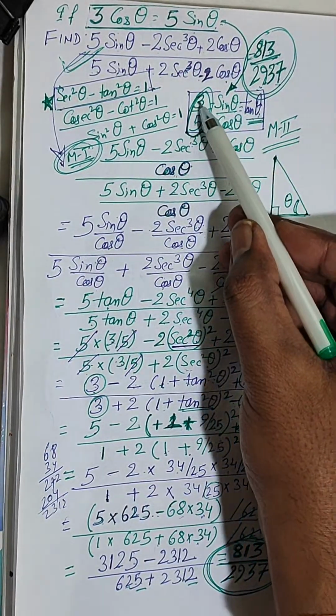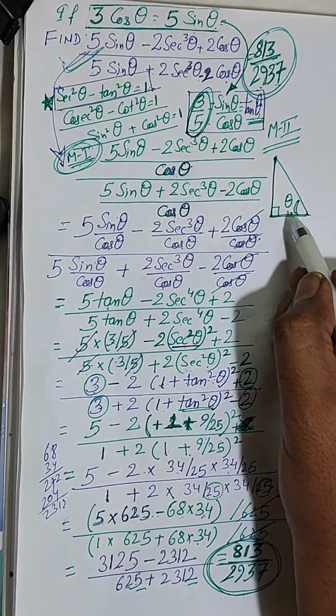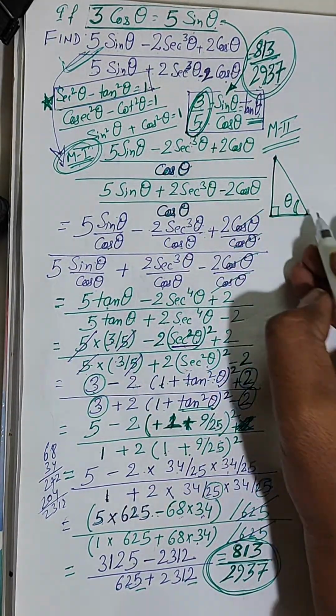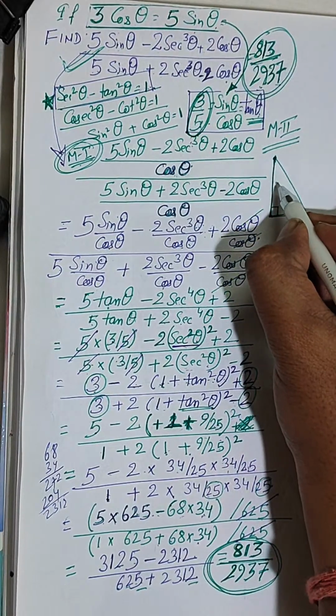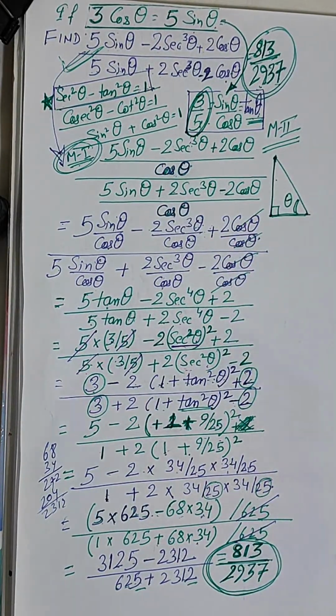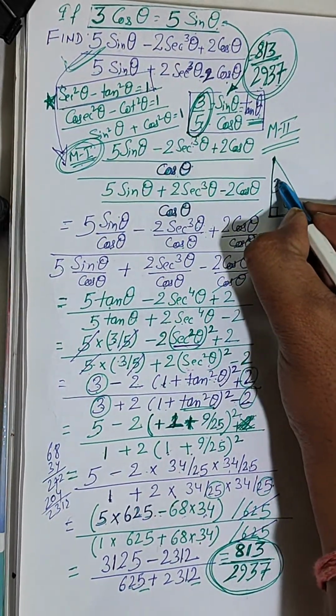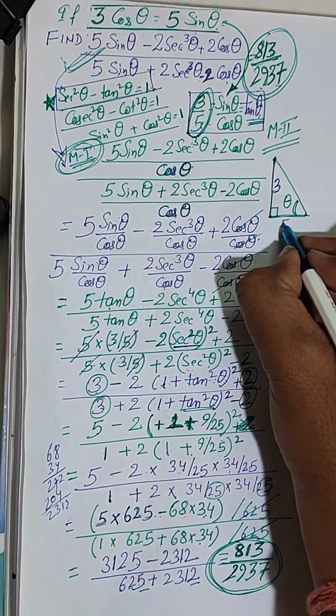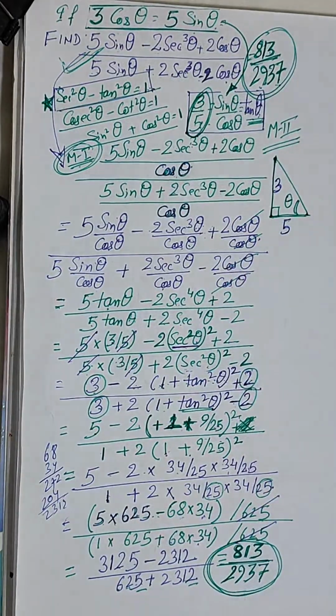So tan theta is 3 by 5, that means perpendicular by base is 3 by 5. So we can say that the perpendicular is 3, and base is 5.